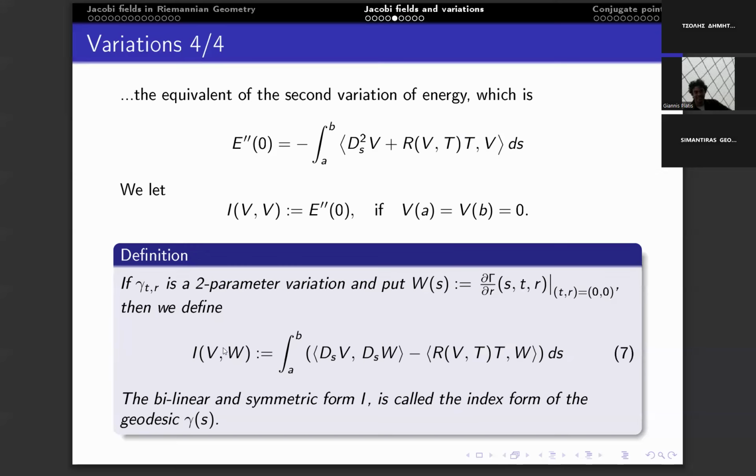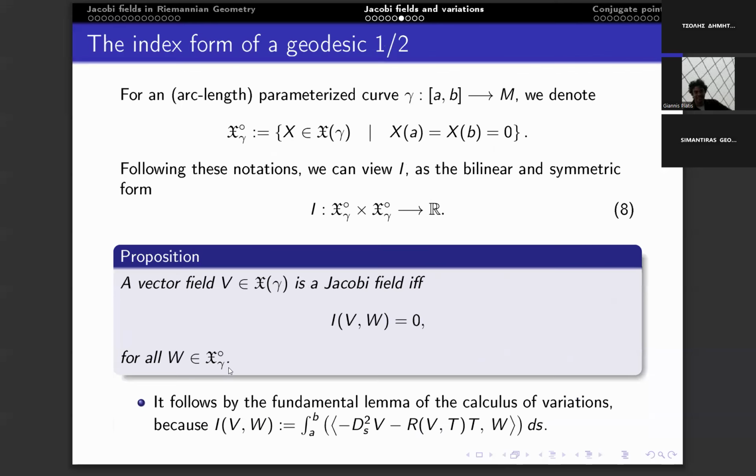So the index is defined for V and W, and for an arc length parameterized curve, we denote as Gothic X, gamma, and 0 the set of all vector fields X along gamma that vanish on the endpoints here.